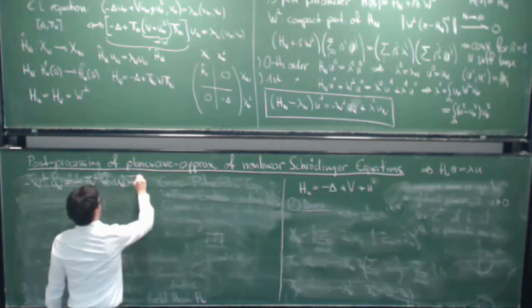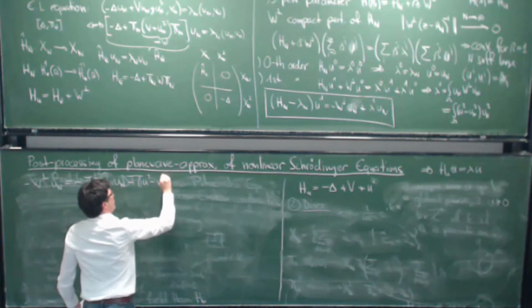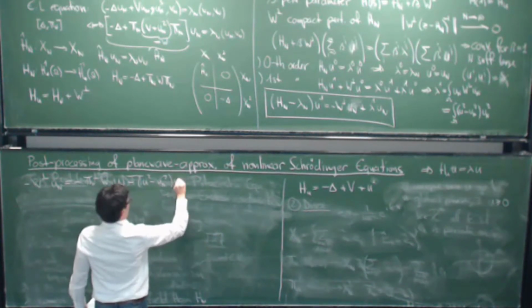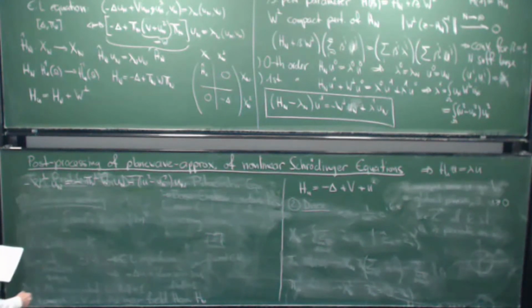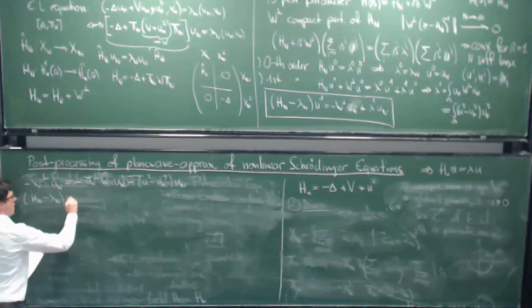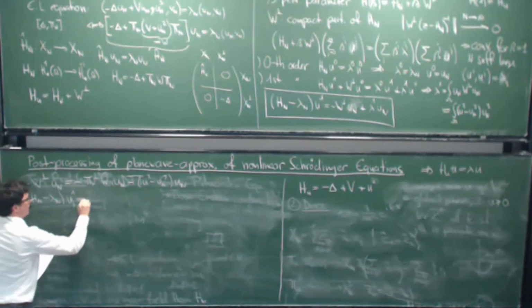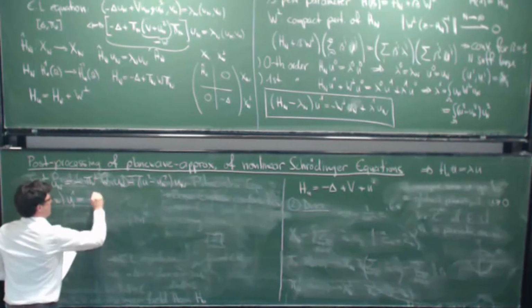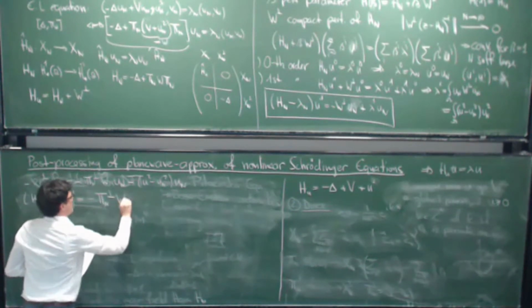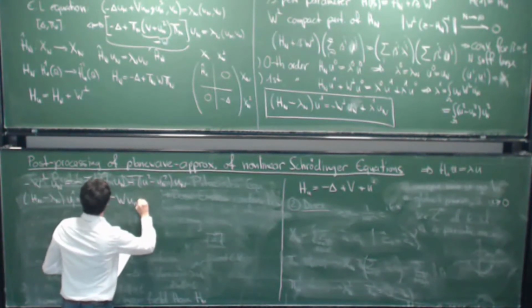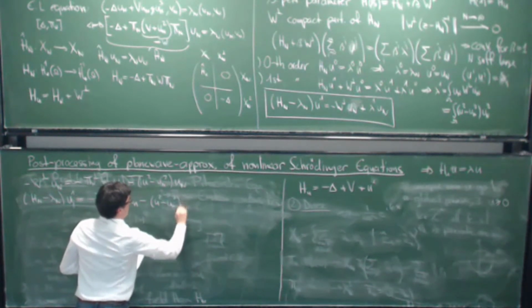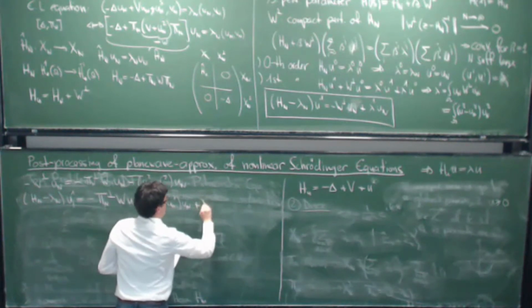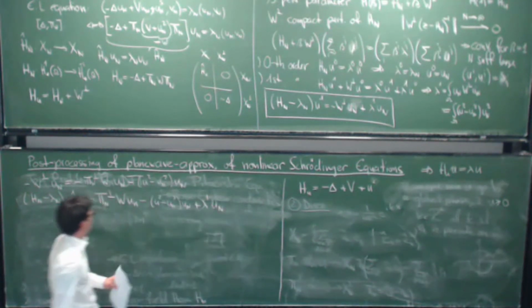Minus u square minus un square times un. Okay? So we therefore have that Hn minus lambda n u1 is equal to this part, minus Pn perp W un minus u square minus un square un plus lambda 1 un.